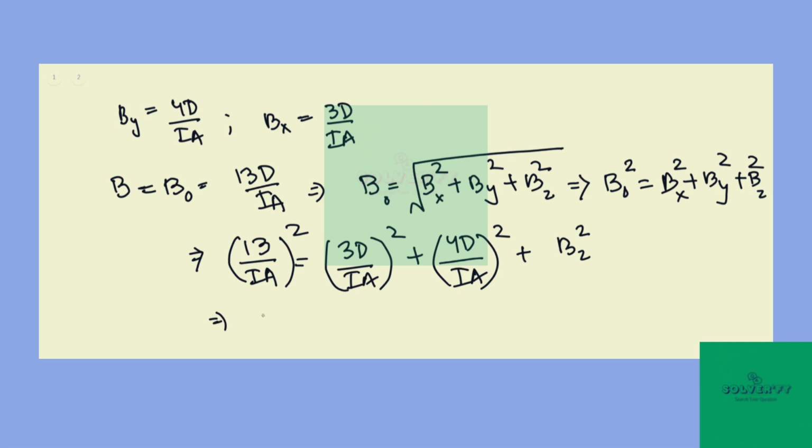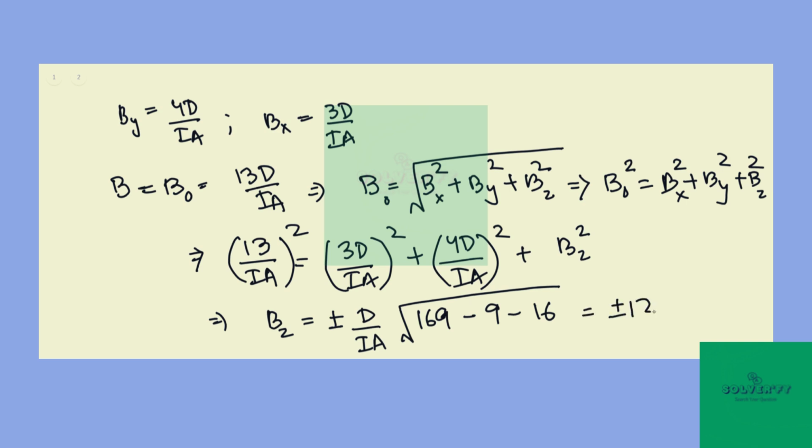And from here we can calculate Bz, which will be plus or minus D over IA times the square root of 169, which is 13 square, minus 3 square, which is 9, minus 4 square, which is 16. This calculation is really easy, so please try that. And this is equal to plus or minus 12D over IA.